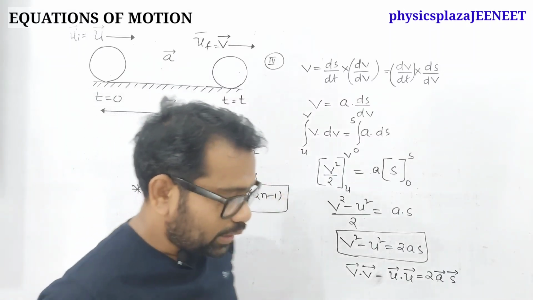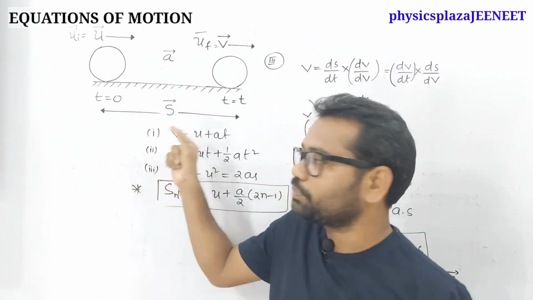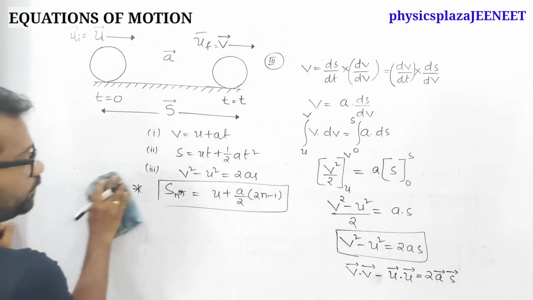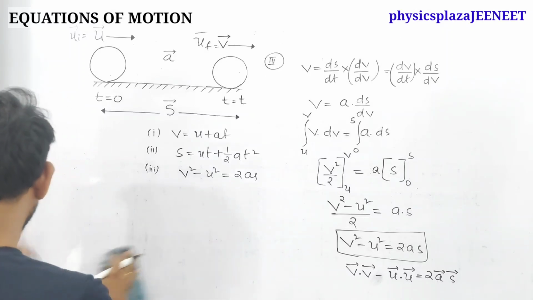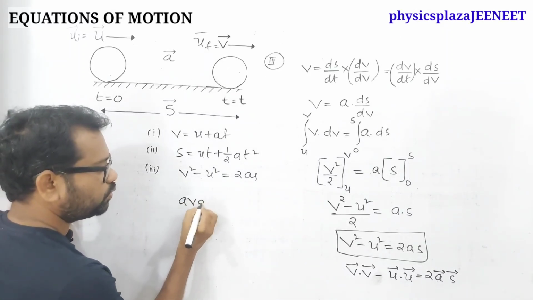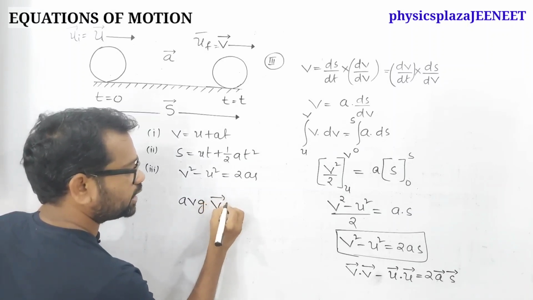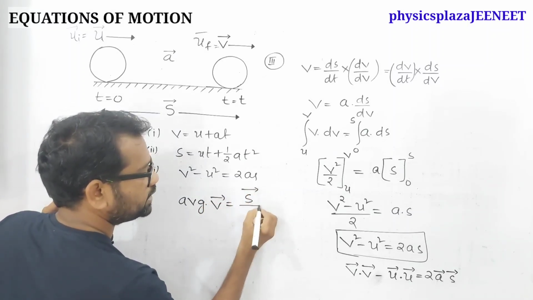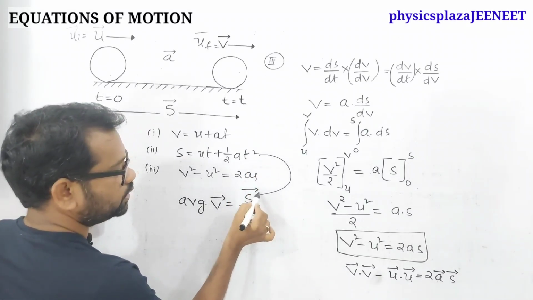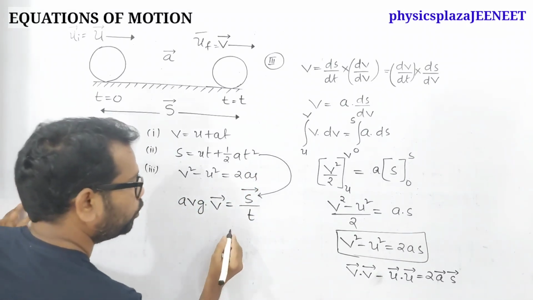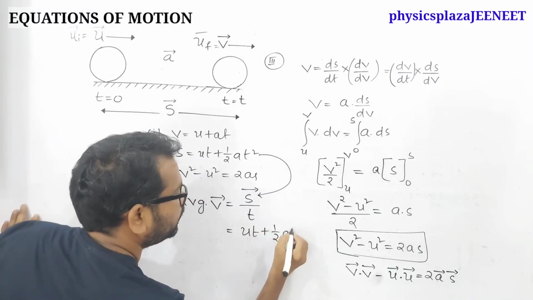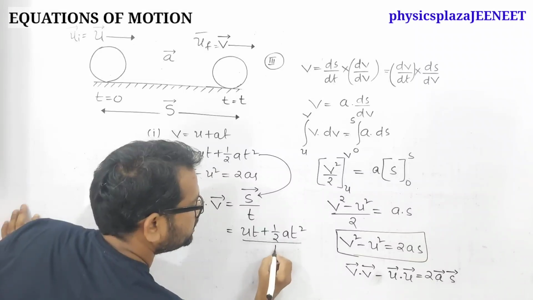Children, here how to calculate average velocity? When a body is moving with a uniform acceleration, in that case average velocity can be written as displacement by time. Here look at this displacement equation, just substitute here. Then what do you get? ut plus half at square by t.